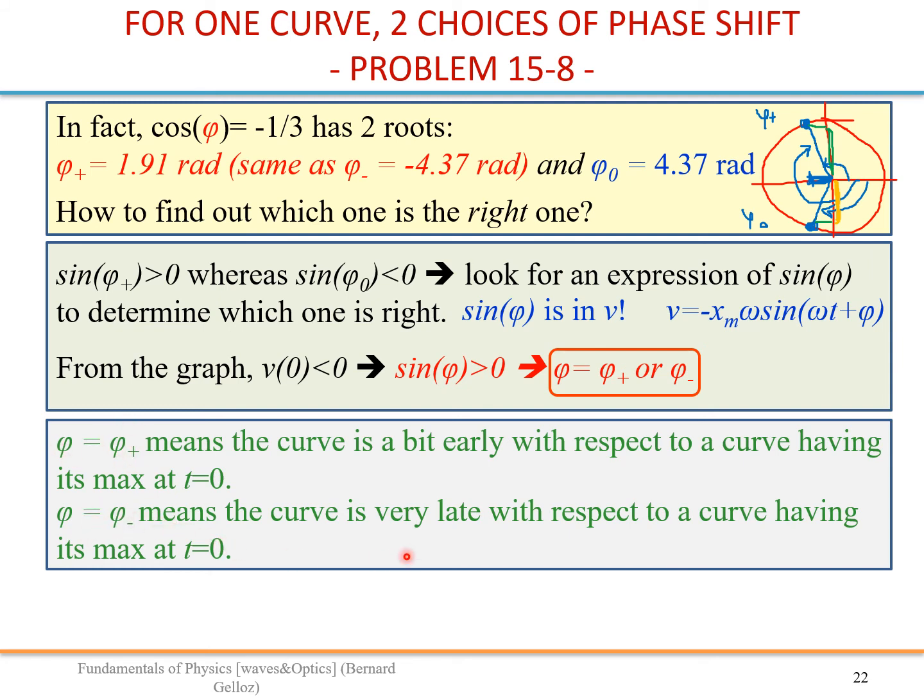When a curve is shifted compared to another one, you can always have the choice: either it is a little bit late or early compared to the other one, or very much late or early compared to the reference one. Usually we take the smallest number, but it may depend on the problem.